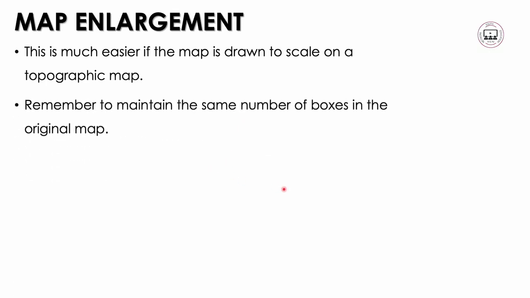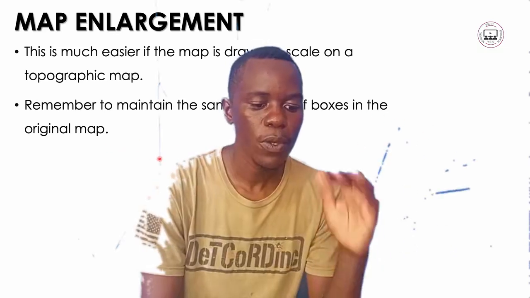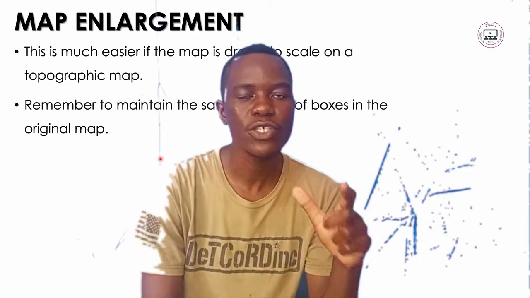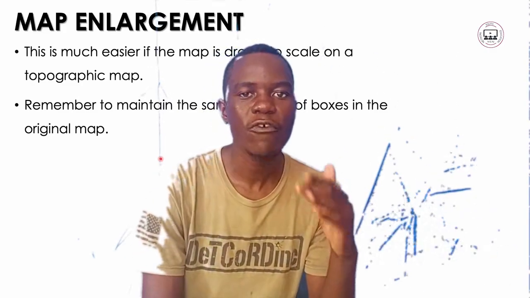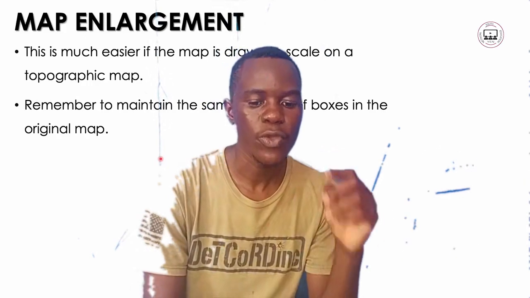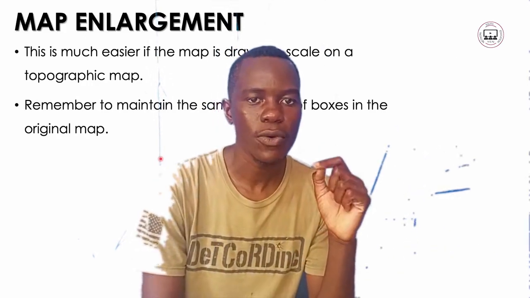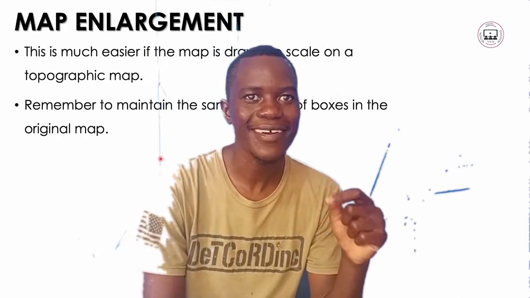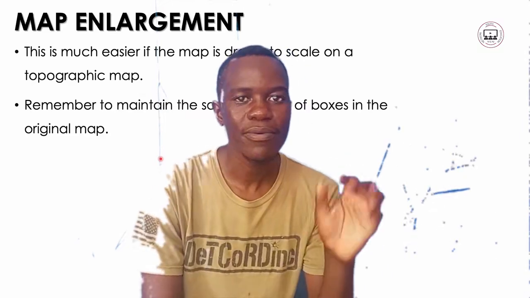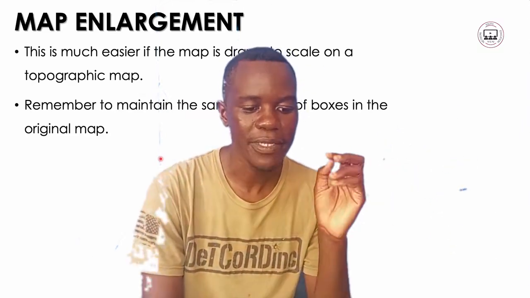Now, when we're enlarging maps, we should always have in mind that we need to maintain the same number of boxes as in the original map. So you have to make sure that the number of boxes which are in the original map is maintained.